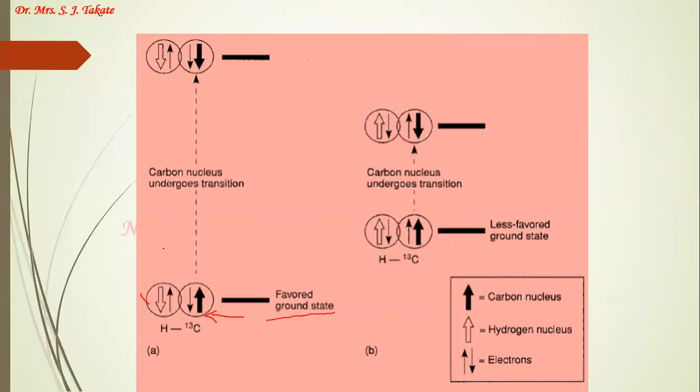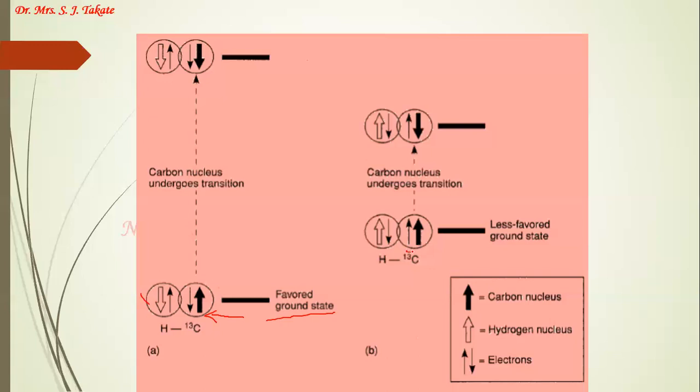Now, if hydrogen takes, or proton takes, this plus half orientation, then electron has to change its spin orientation. Look at this. The electron close to the hydrogen nucleus has changed its spin orientation, and the second electron present in the same orbital has to change its spin orientation.